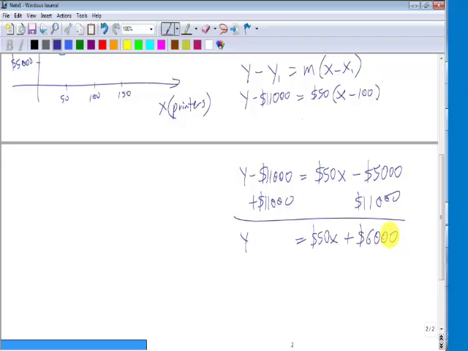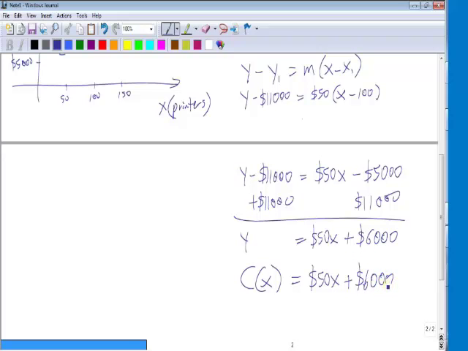That's an equation of the straight line that goes through those two points. If we pick up the y, replace it with C of x, that will be the daily cost function of manufacturing these printers. So $50 times x plus $6,000.